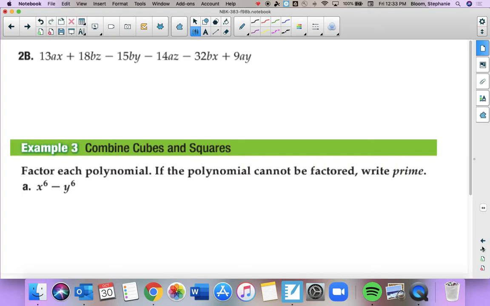So I'm hearing some good discussions. Okay, so can you group them and they have something in common? Your groups, okay? Which is great. Does that mean it's factorable? So what's the issue you're running into?